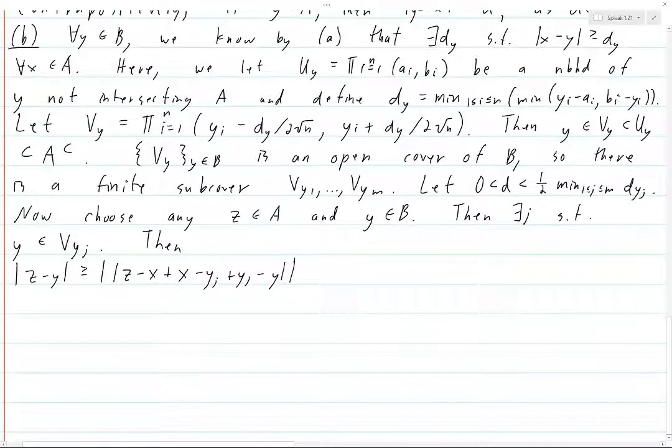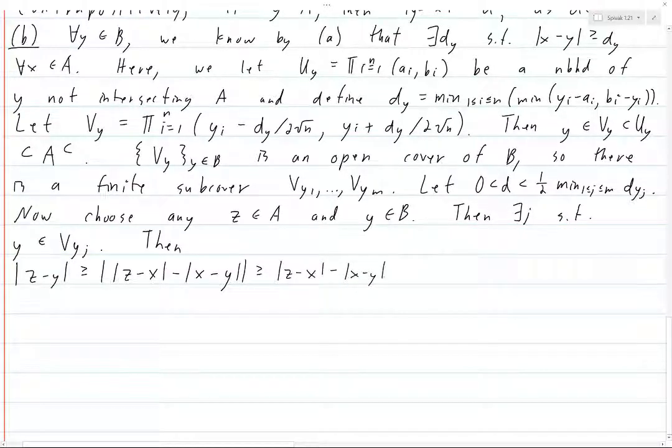Let's do this step by step, just to make it clear. So it's going to be greater than or equal to this minus this. And of course we can remove the absolute value signs.